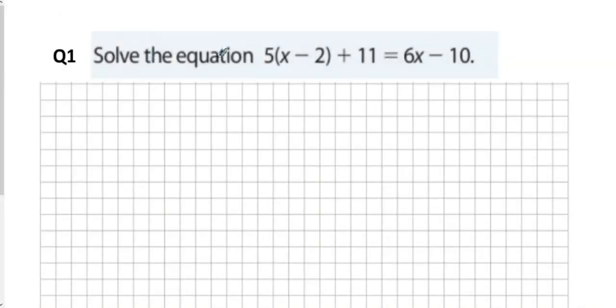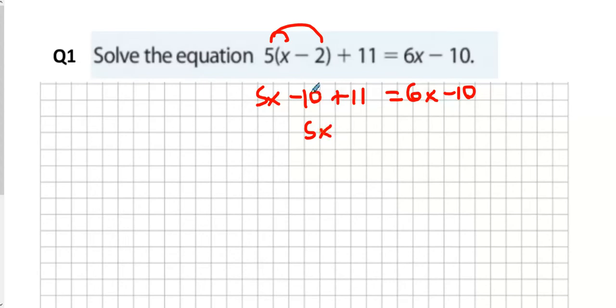Now, this one here, we're going to multiply the 5 by the bracket because there's nothing in between them. We're going to get 5x minus 10 plus 11 equals 6x minus 10. We're going to keep the 5x where it is and go minus 10 plus 11, which is plus 1, equals 6x minus 10.